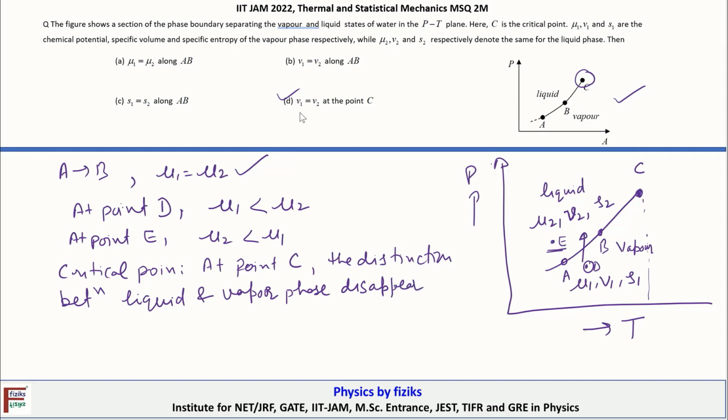That means it's not possible to distinguish between these two phases at critical point C and above critical point C. It's like a dense gas, so it's merely a gas phase basically. So at this point the specific volume V1 will be identical to V2. Therefore the correct options here are V1 equal to V2 at critical point C and mu1 equal to mu2 along line AB. So A and D are the correct options here.